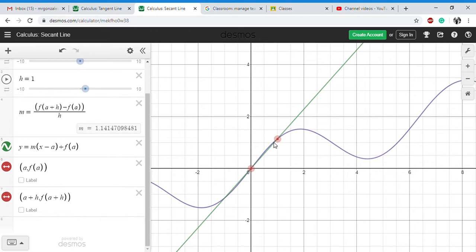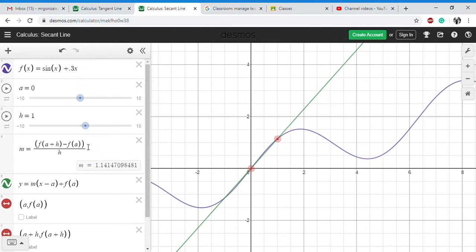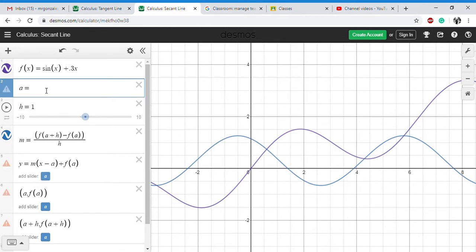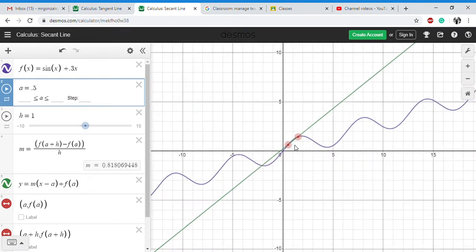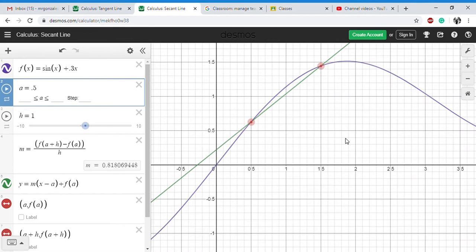So the rate of change essentially tells us whether our function is increasing, if it is positive, or decreasing, if it is negative. Now, I'm going to choose my starting point at 0.5. That is going to be my starting point, and since I added a distance of 1, my other point is going to lie at 1.5.